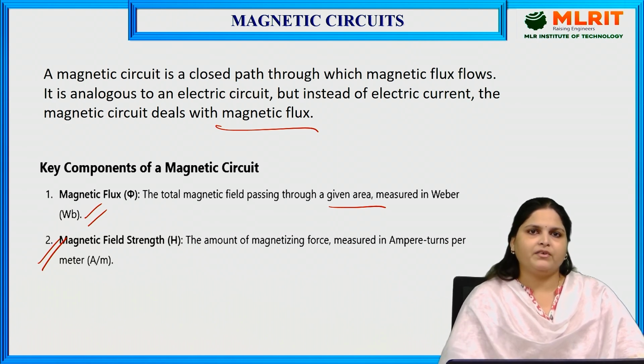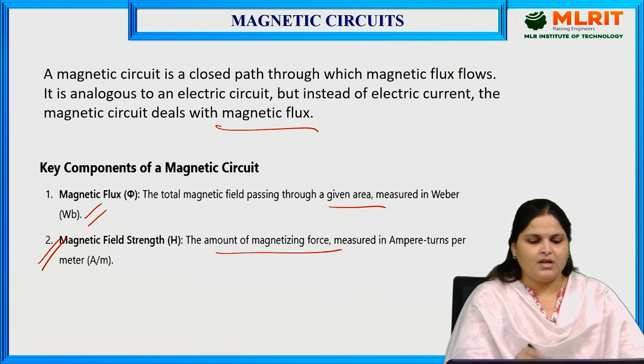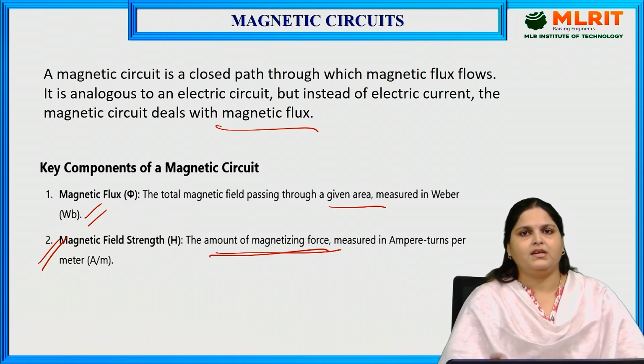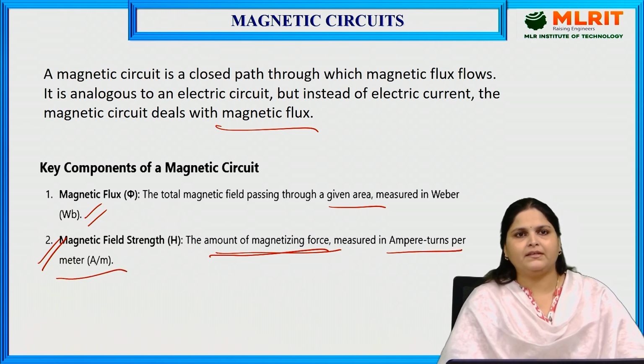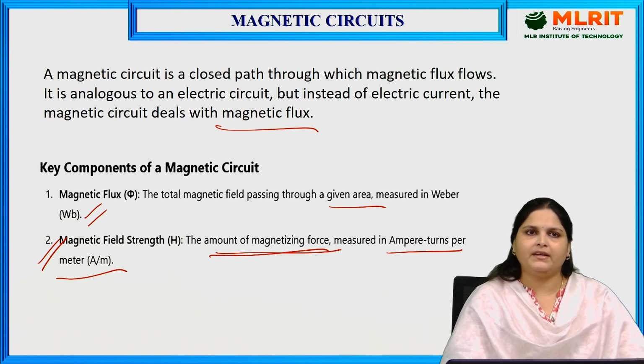What is magnetic field intensity? The amount of magnetizing force, and it is measured in ampere turns per meter or ampere per meter. If we have more number of turns in the winding, we can take it as ampere turns, AT.